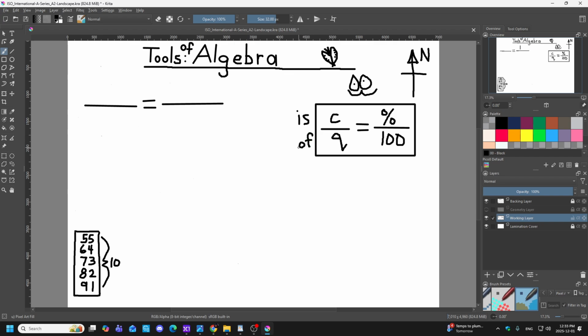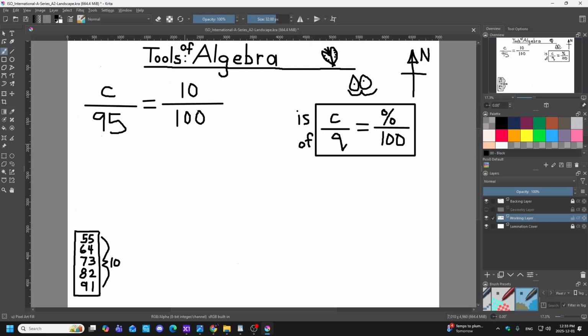It's just going to help, right? So, find 10%. So we're given the 10. Of course, this is 100. Find 10% of 95. So of is Q. Of 95. Again, C is unknown.